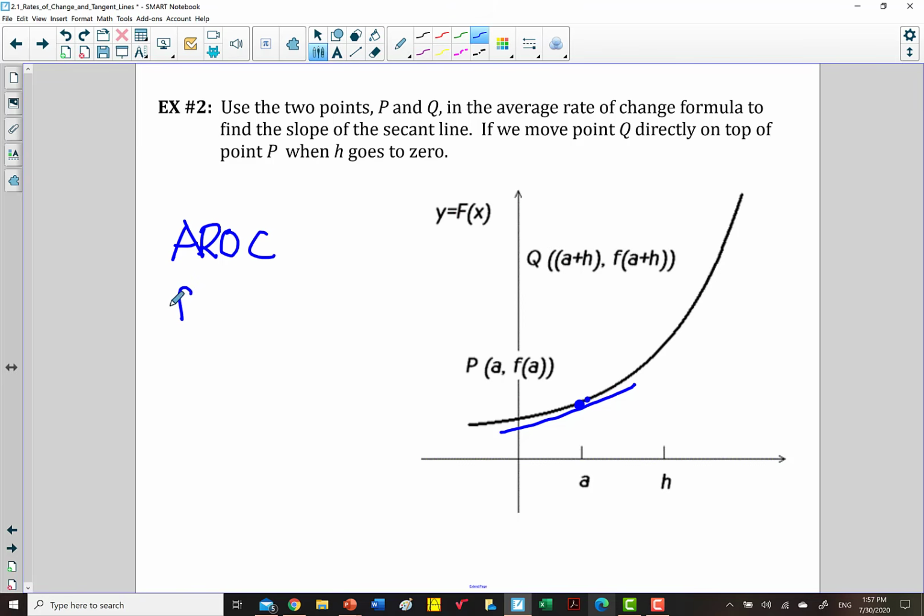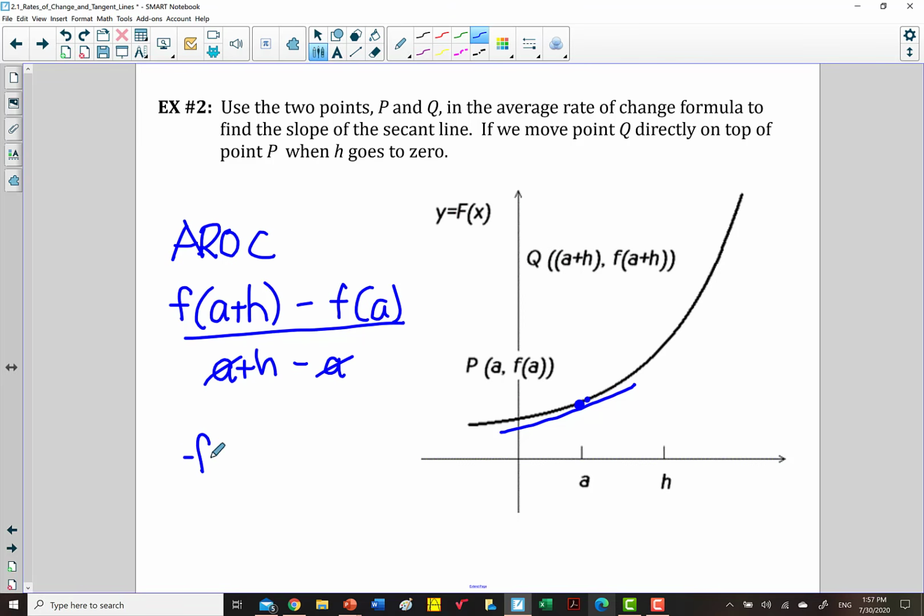And if you think about it, you saw in Unit 1 what we called the difference quotient, f of x plus h minus f of x divided by h, the change in x. We called this the difference quotient, f of a plus h minus f of a divided by h.